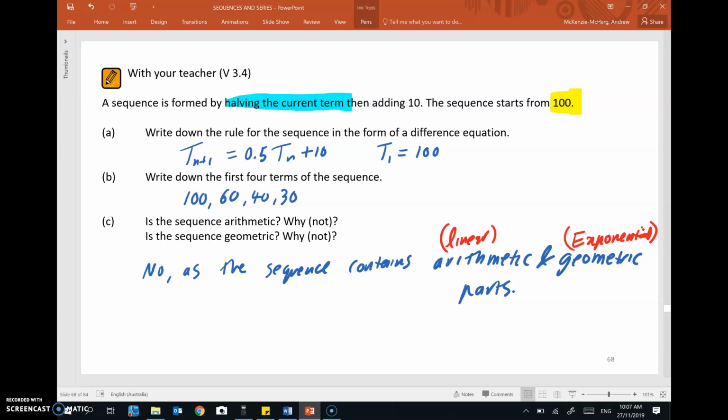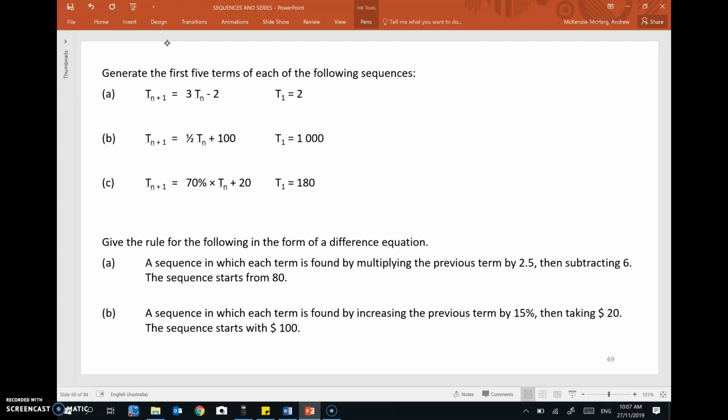Right. We're going to look at the next example in this video. You might want to pause the video and try these yourself first, and then I'll show you what to do. Okay, so for this first one here, I'm just going to show you how to get the first few terms for these, and then I'll just write the rest down because I have already worked them out.